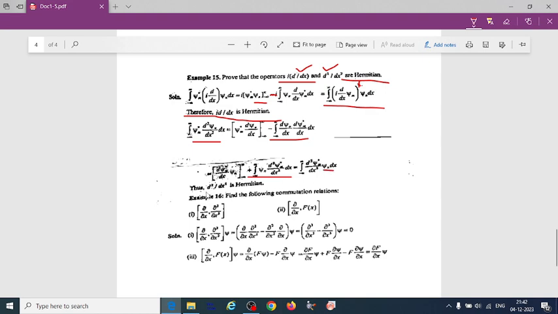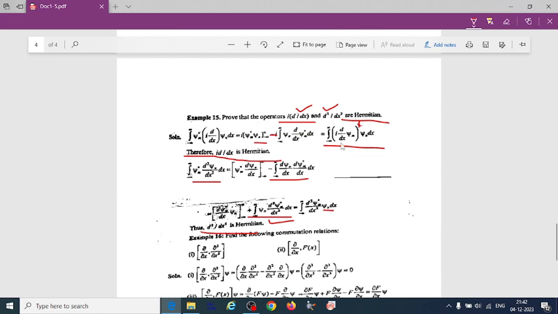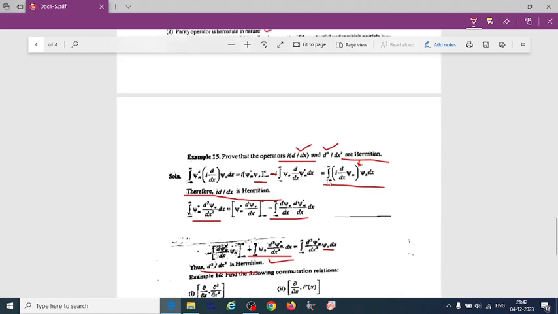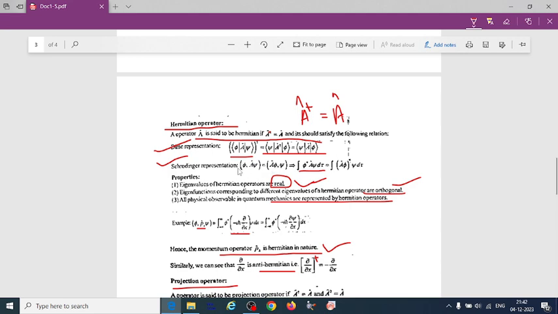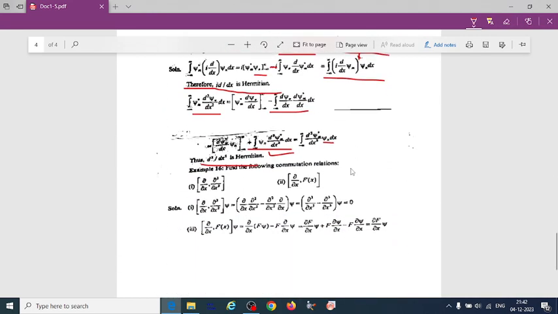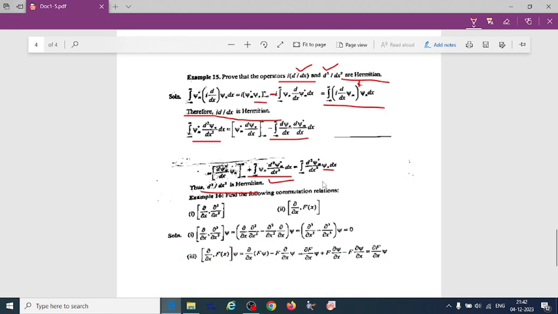That means the second operator is also Hermitian. So you have to check whether the given operators are Hermitian or not. You can use direct representation or Schrodinger representation. Then the final equation you must get like in this equation, a cap psi star psi d tau. If you get the final answer for the given operator, then you can say that it is Hermitian.